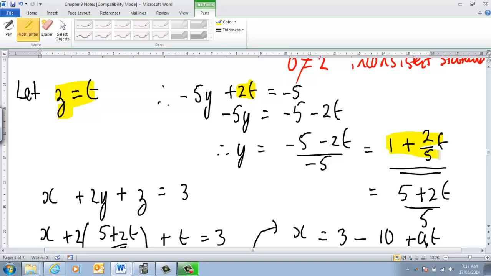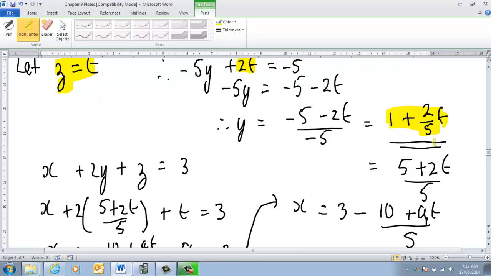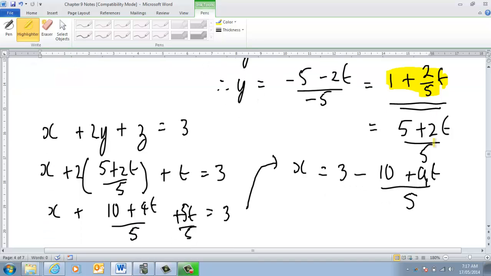So 1 plus 2/5 t is what we've got there. And then what we need to do is substitute our z and our y value into the original equation in row number 1, and we solve for that. So that's our substitution into the equation. That's our z value. We're going to solve for that and bring that across over here.